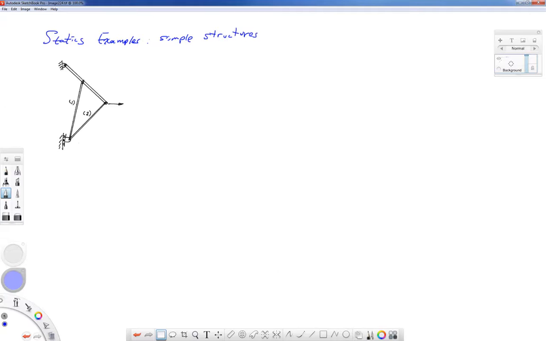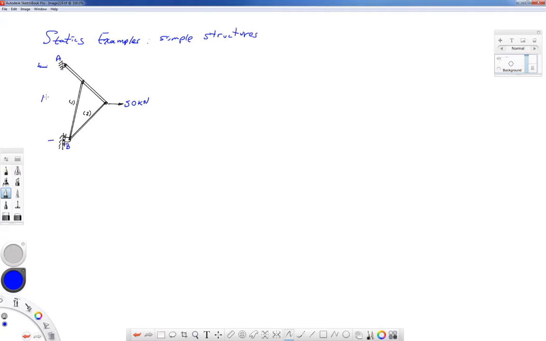Now I'm going to make up some numbers for dimensions for this structure, just so we have something to work with, and for the load as well. So let's say that the load does go this way and it's 50 kilonewtons. Maybe I'll label this as point A and point B right here. I'm just going to make up some dimensions.